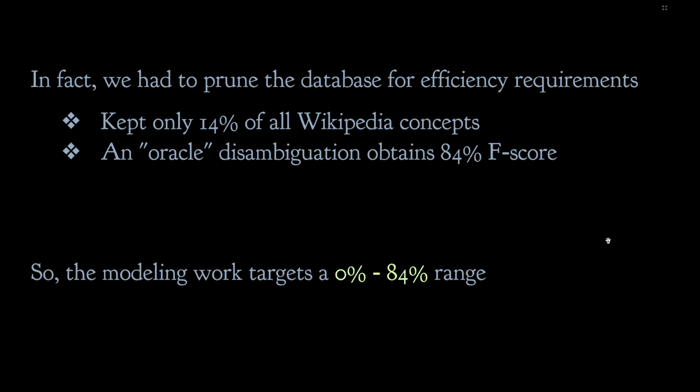And in fact, the upper bound in this particular case wasn't 100% either. So for efficiency reasons, we needed to keep all of the data in memory at this point to make it fast enough, which meant that we did a clever pruning of the database. As I already told you, there's a lot of Wikipedia articles, and we only kept 14% of them. Of course, we did this in a smart way.